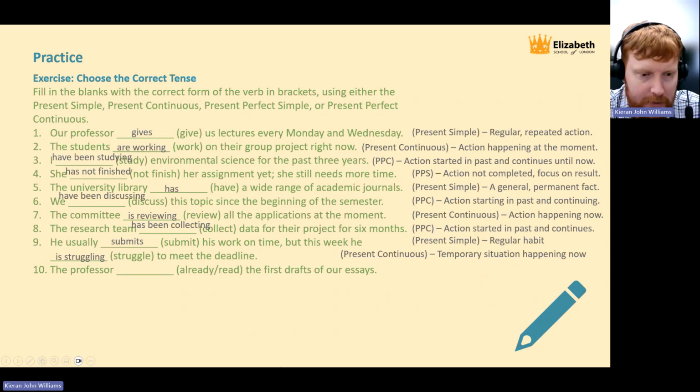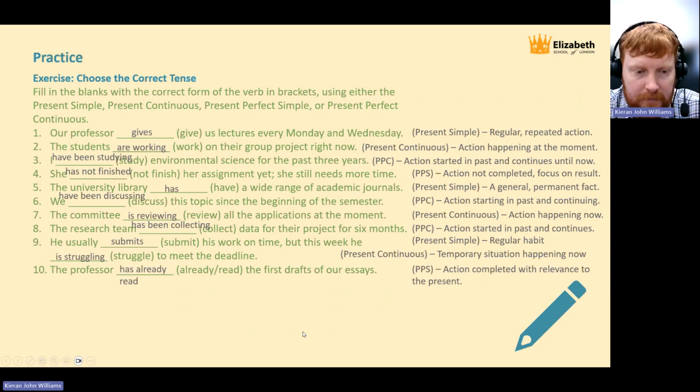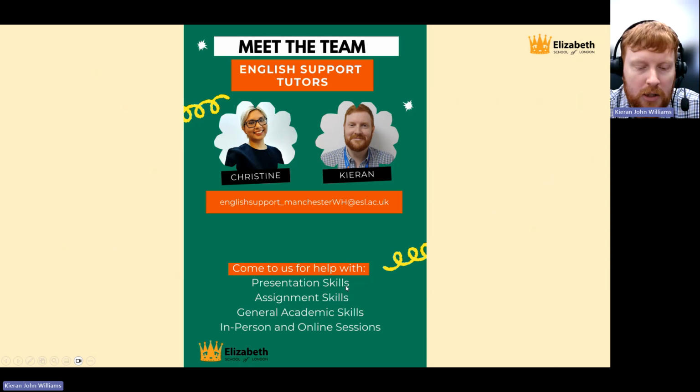So you need present continuous. And number 10, the professor has already read it, because we've got the word already. That tells us it should be present perfect simple, something that is completed, but it has some relevance or some evidence in the present. Okay.